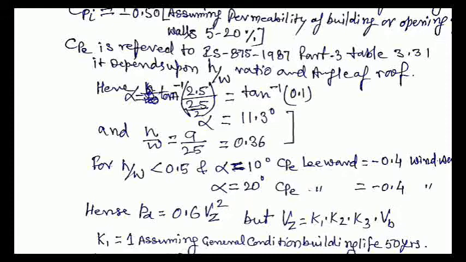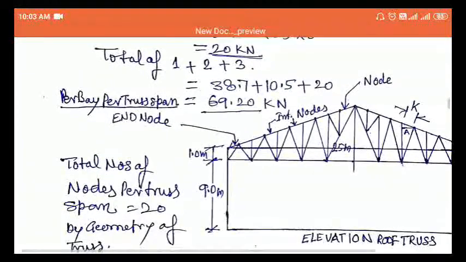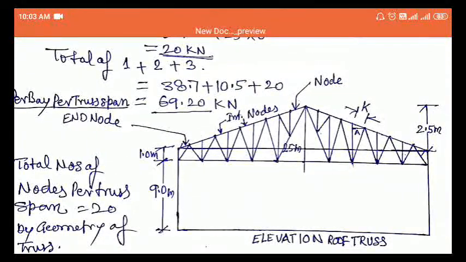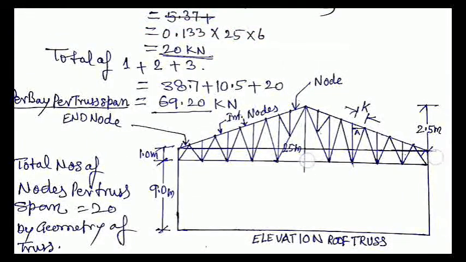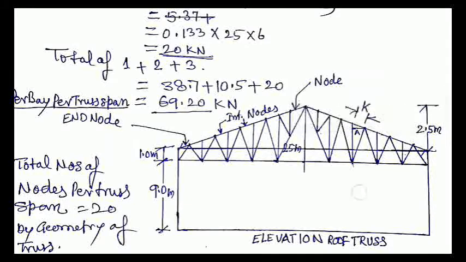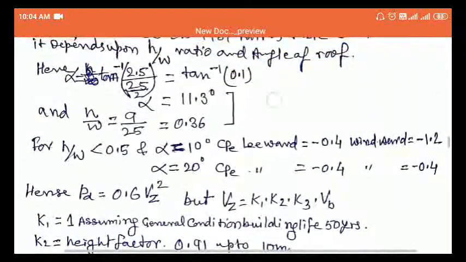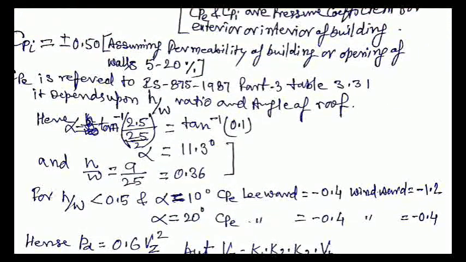Why 25/2? Because by the geometry of this figure you can see this length is 25/2 and this length is 25/2 and this height will be 2.5 meter. So for this triangle we will find out the angle or pitch of the roof.